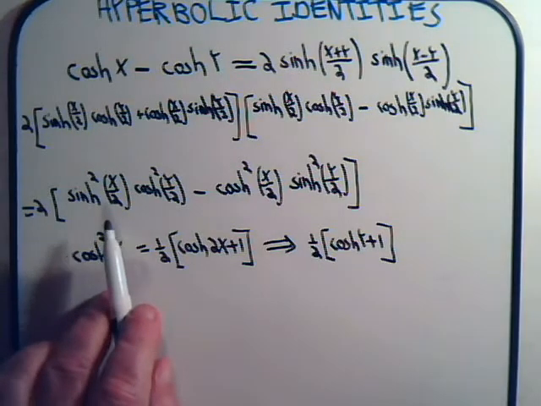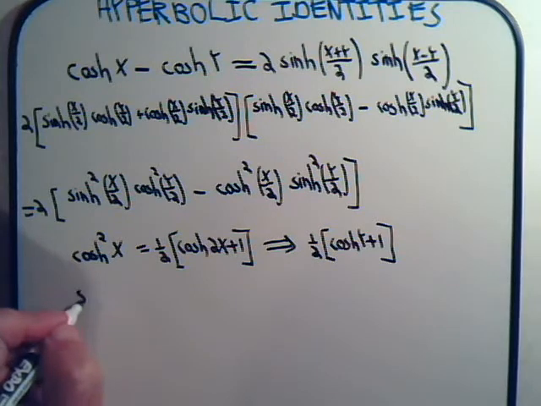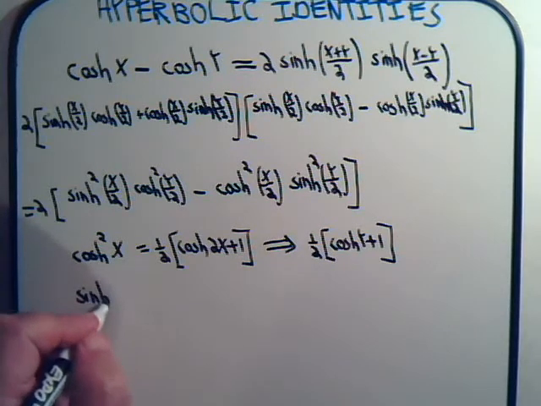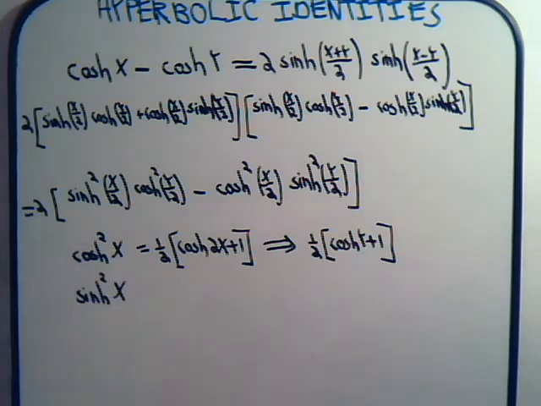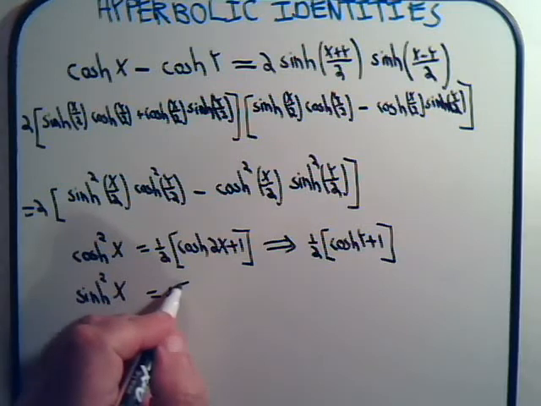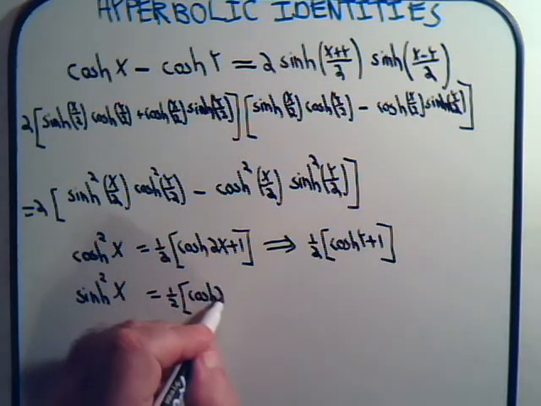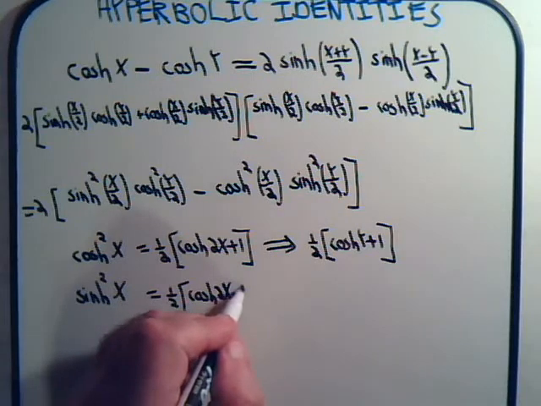And for this, remember from our introduction video, that the hyperbolic sine squared of x, that's the same as 1/2 the hyperbolic cosine of 2x minus 1.